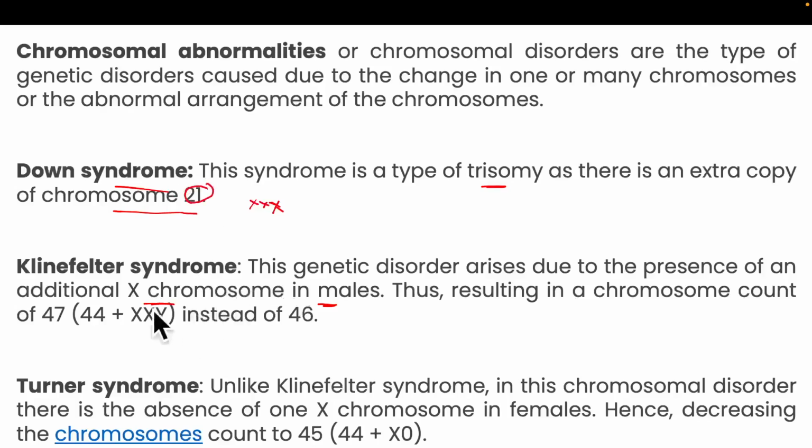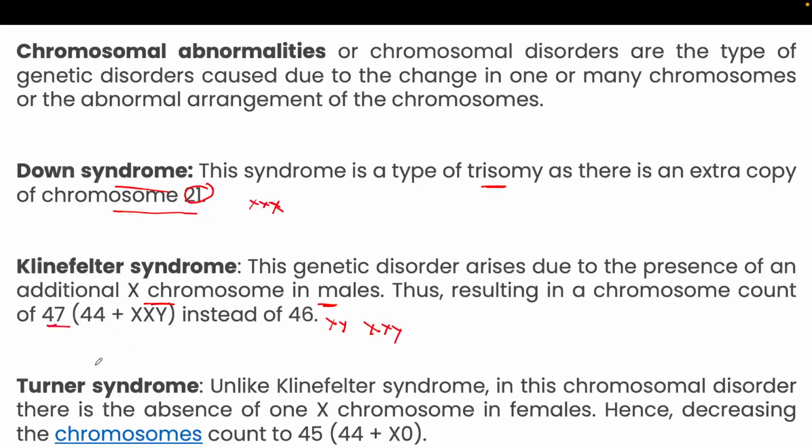So in a male there should be X and Y, but here instead of X and Y, it is double X and Y. So the chromosome number is increased; in this case it is 47.